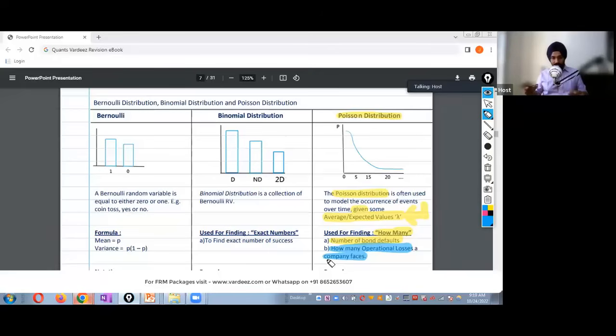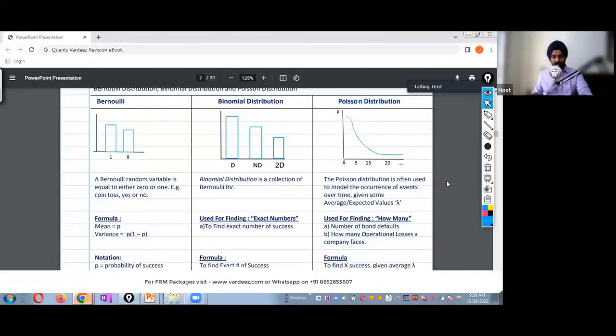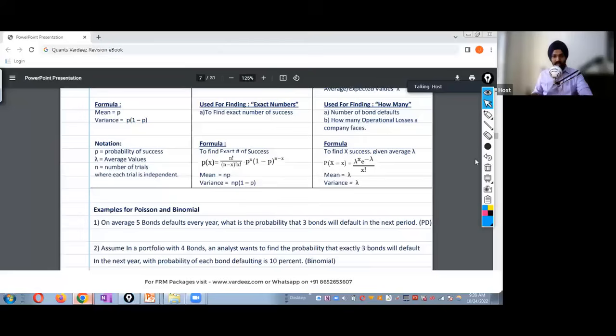So using that average data, I can create a Poisson distribution and find how many operational risk losses I will face this year. So that's something I can do with the Poisson distribution. Let's look quickly at the example.